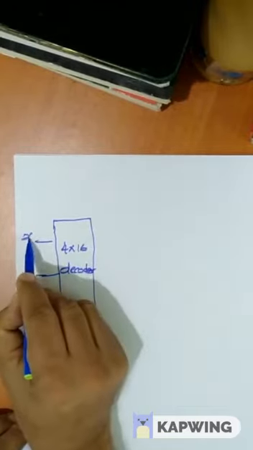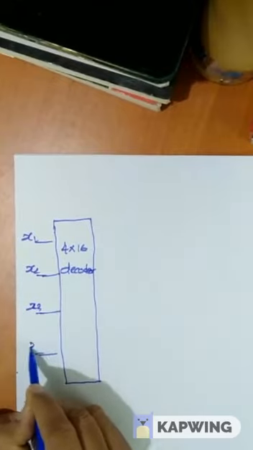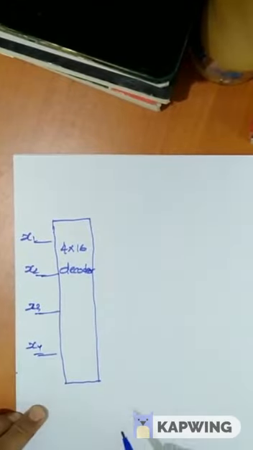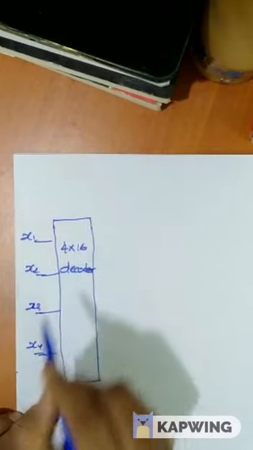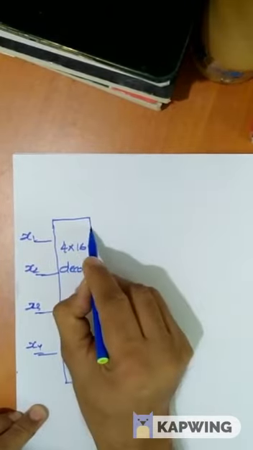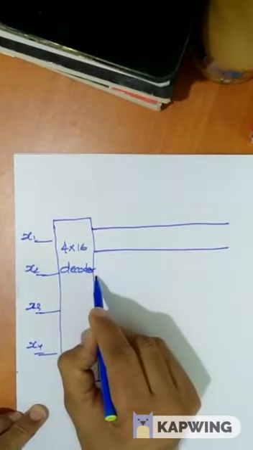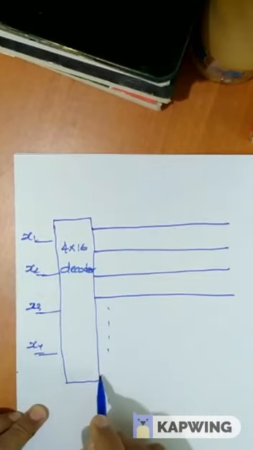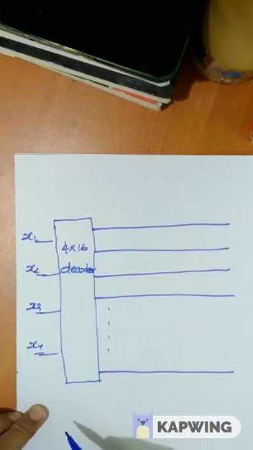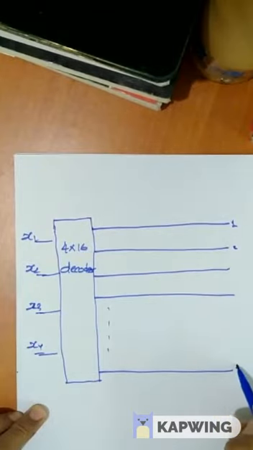So these are the inputs: x1, x2, x3 and x4. Corresponding to this, you must be having 16 decoder output lines. So you draw 16 word lines: 1, 2, 3, 4, similarly 16 word lines you will be able to draw. So this is the first word line, second word line, up to the 16th word line.